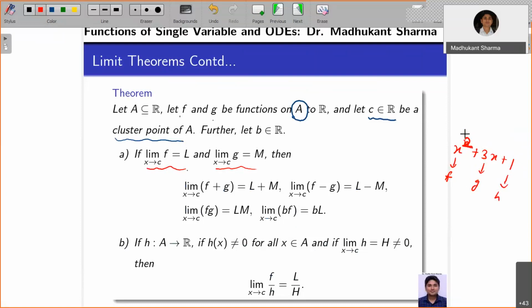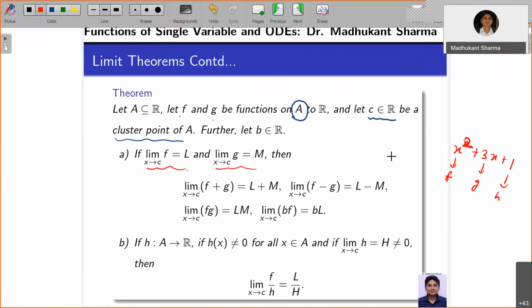As x tends to 0, the limit of f exists, that we have already shown. The limit of g also exists, that is also 0. The limit of h exists and is equal to 1. So this result will tell you the limit of this function is going to be the sum of the limits: 0 plus 0 plus 1.